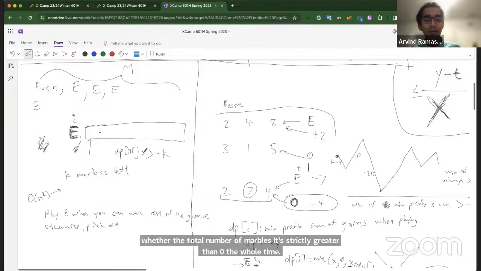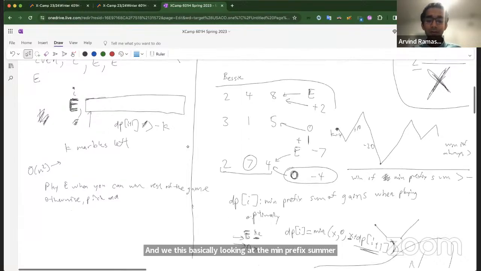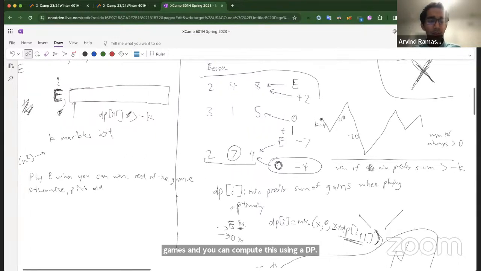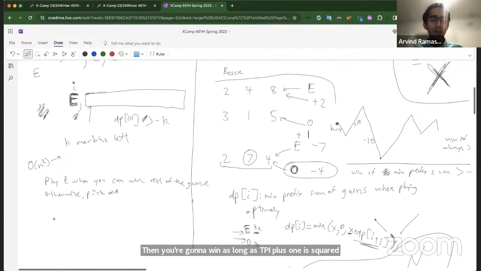This is basically looking at the min prefix sum of gains, and you can compute this using a DP. It's like a suffix DP. If you have K marbles after playing a turn, then you're going to win as long as dp[i+1] is greater than negative K. So computing the DP and then deciding between even and odd will be O(n).